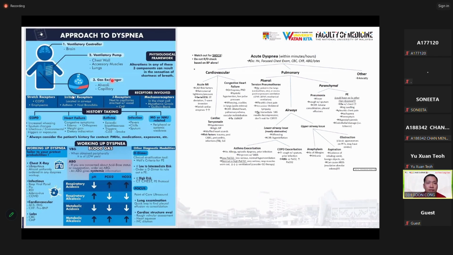Okay, so how to approach a patient presenting with breathlessness. In your long case, usually your long case is either your respi or your cardio. So when you get the case, the patient tells you the chief complaint is breathlessness. So in your mind, you have to think of which system you are dealing with, whether it's cardio or is it lung.